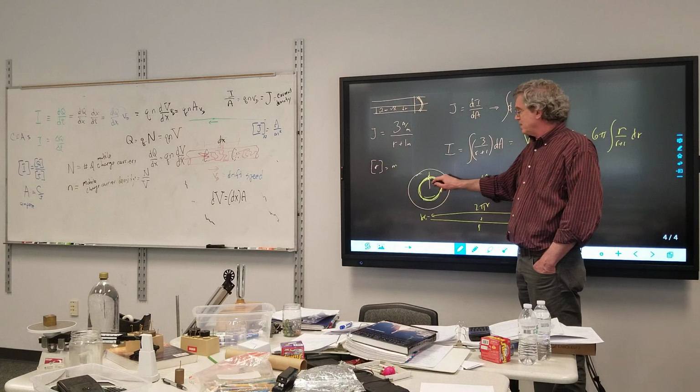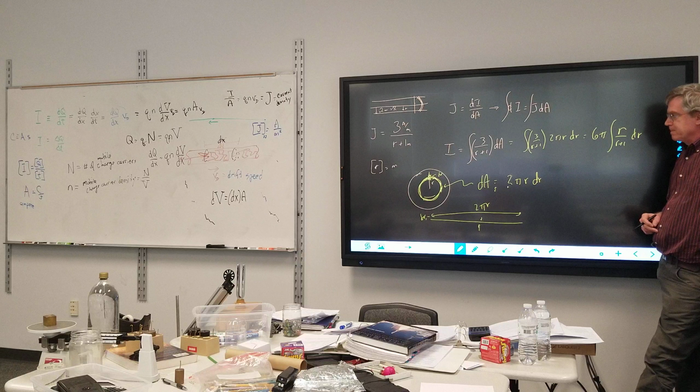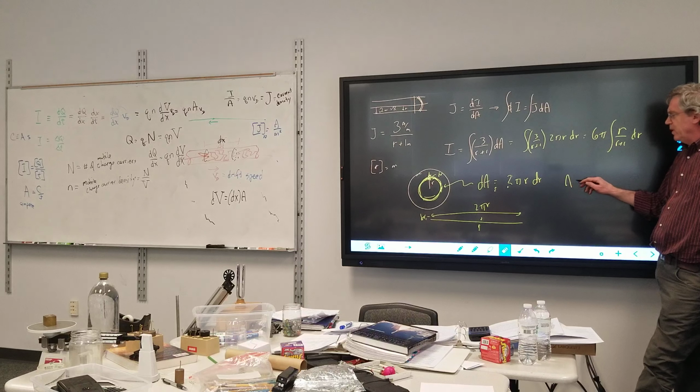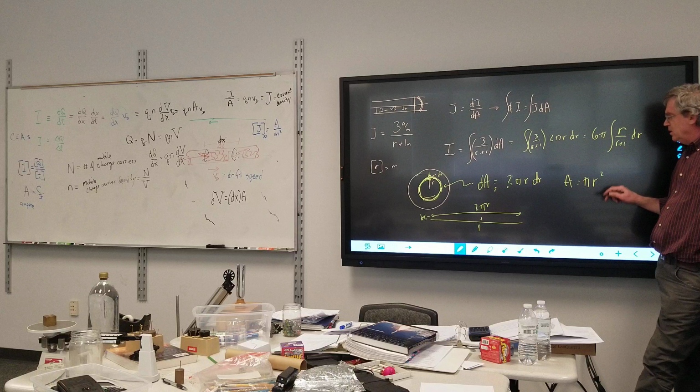There is a thickness to it, and since that's in the radial direction, the thickness there is dr. And I guess we could have gone the way that Benjamin was leading us. If A is pi r squared, then dA would be 2 pi r dr.